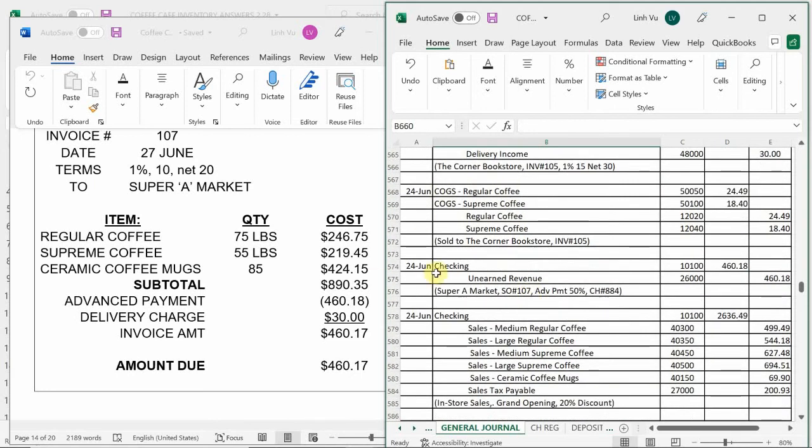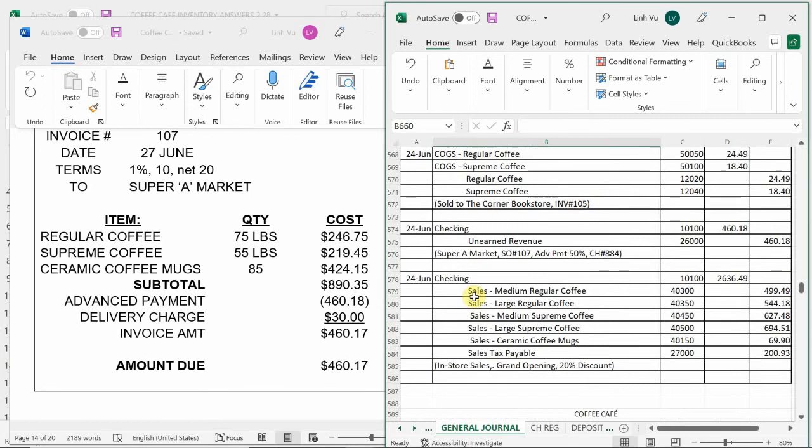Received the check, okay? We got unearned revenue, and it was for Super A Market to be applied on the sales order 107, advance payment 50%, and they gave us check number 884 for that 460.18, okay? Because we are going to be redeeming this voucher, right, we're going to take this advanced payment and we're going to apply it to the invoice, okay?